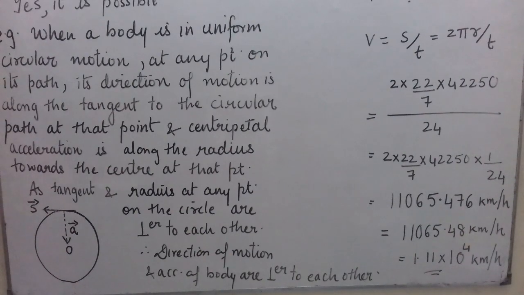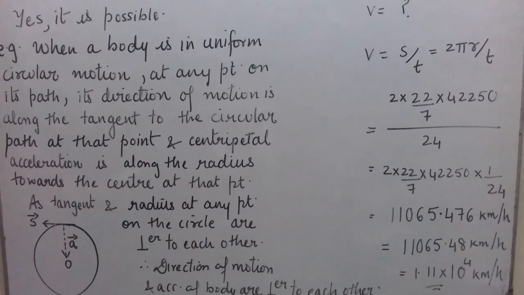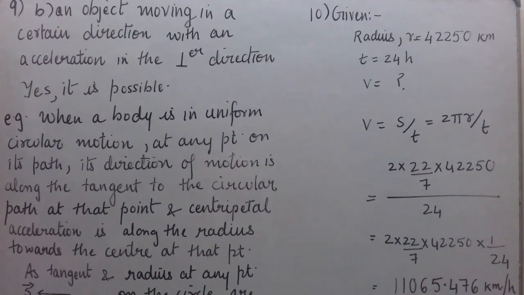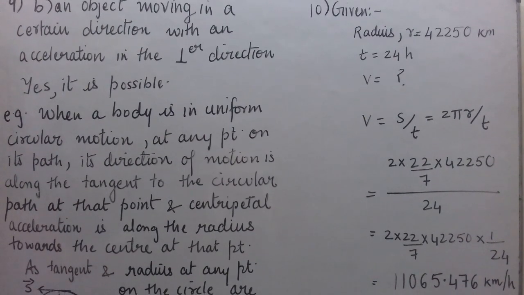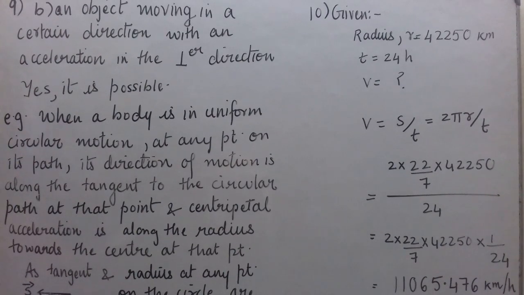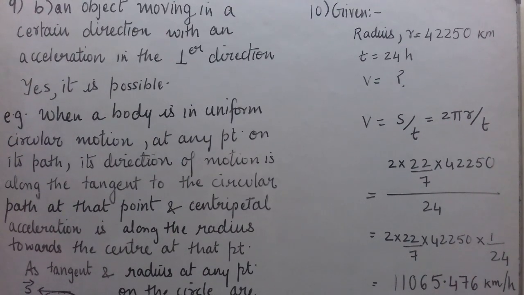Now let us proceed to the last numerical of this chapter. An artificial satellite is moving in a circular orbit of radius 42,250 kilometers. Calculate its speed if it takes 24 hours to revolve around the Earth. I'll read it once again.